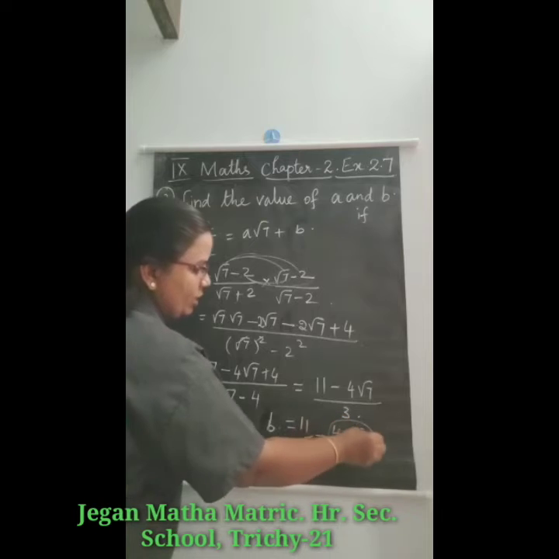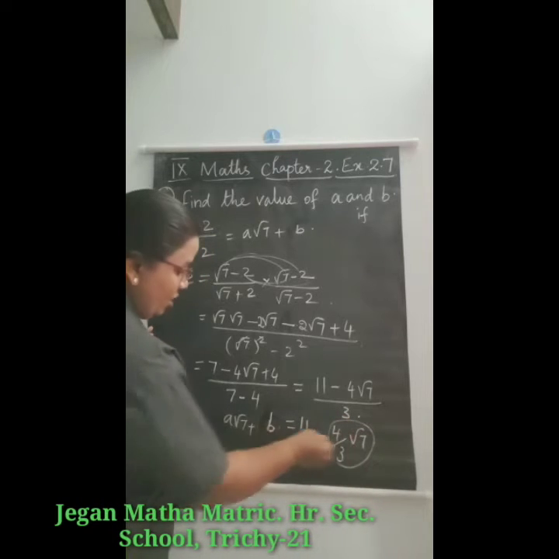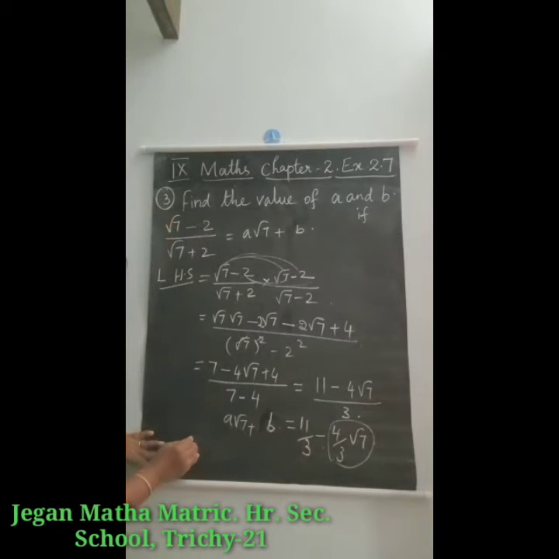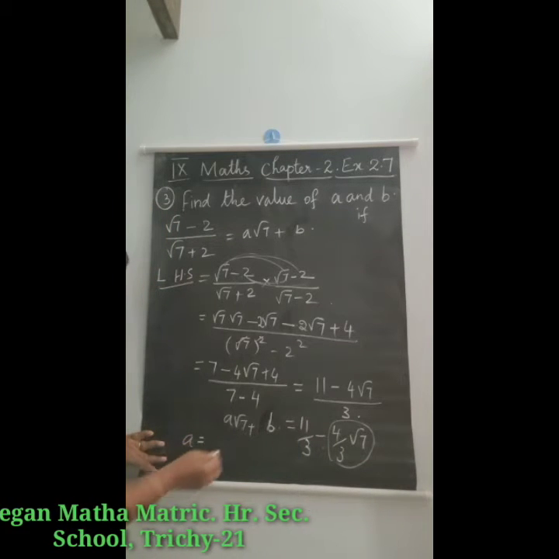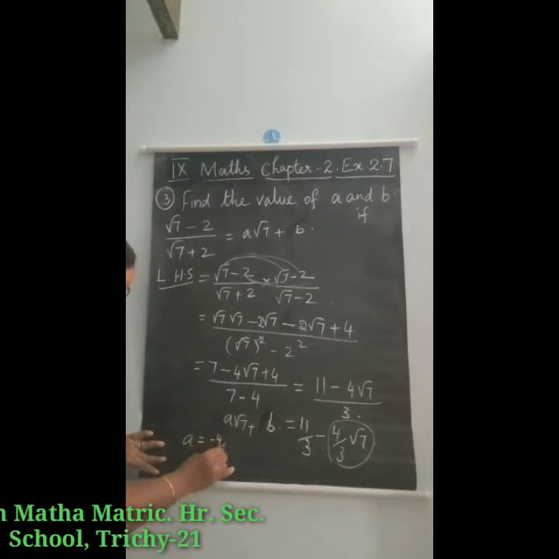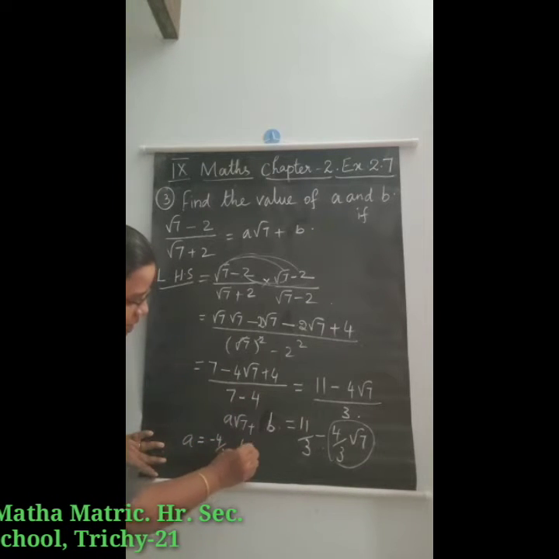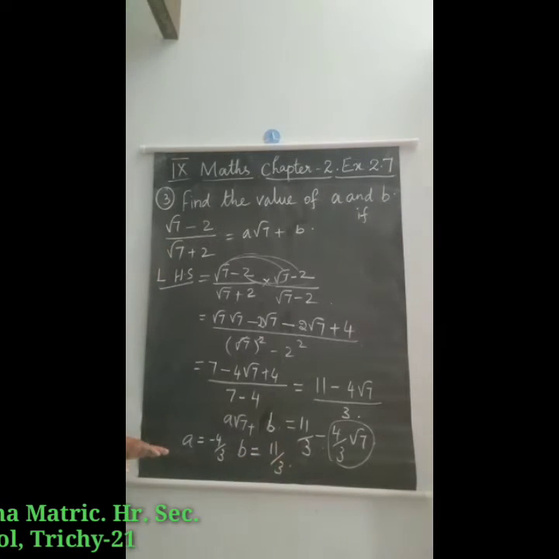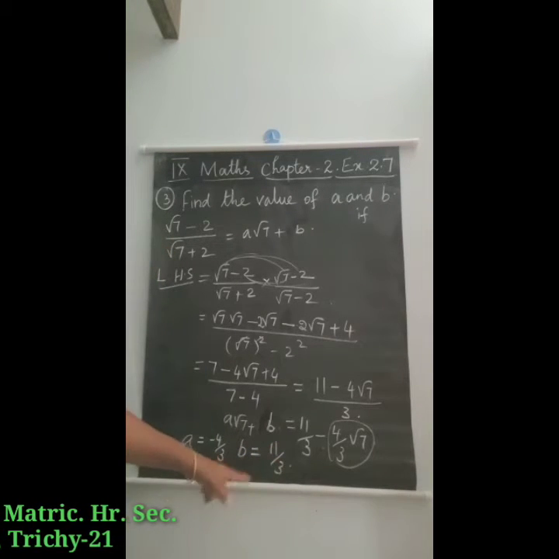This one is root 7, so the coefficient of root 7 is a and the next term will be b. So a is equal to the coefficient of root 7, that is minus 4 by 3, and b is equal to 11 by 3. So a is equal to minus 4 by 3 and b is equal to 11 by 3.